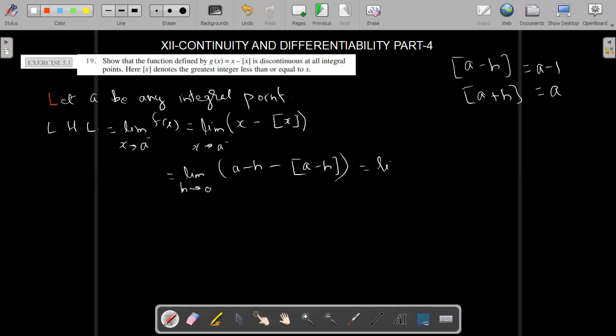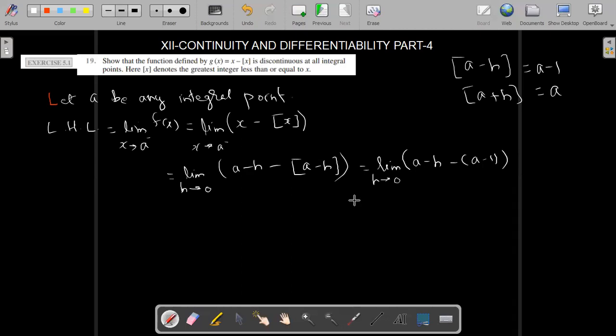Now, as I told you, with h tending to 0, the greatest integer of a minus h will be equal to a minus 1.